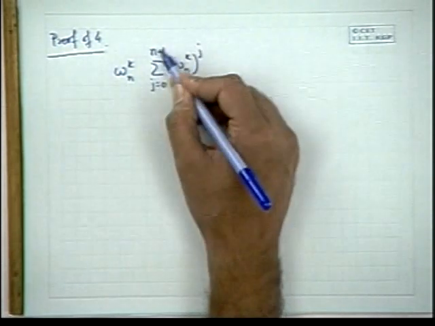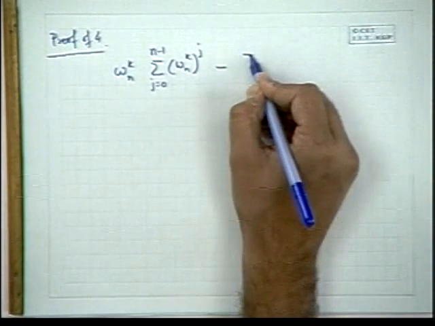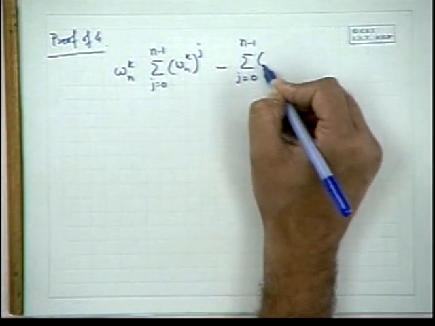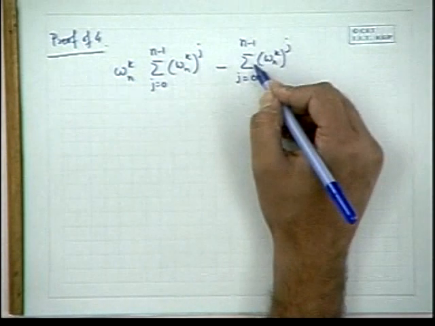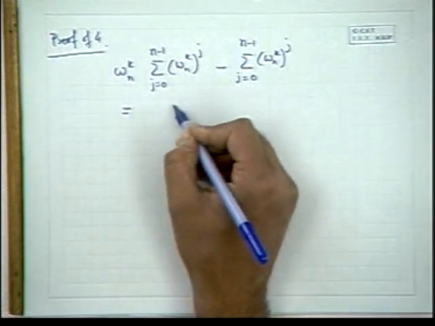This is the sum which you are interested in. I have just multiplied with some factor. Minus, I am taking another one, j equal to 0 to n minus 1 W n k j. So let us see what this is equal to.